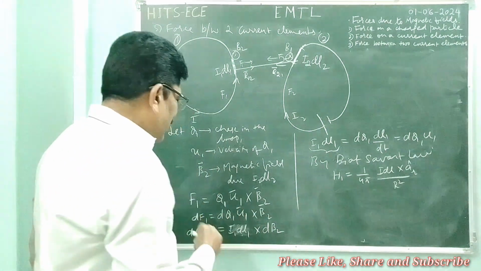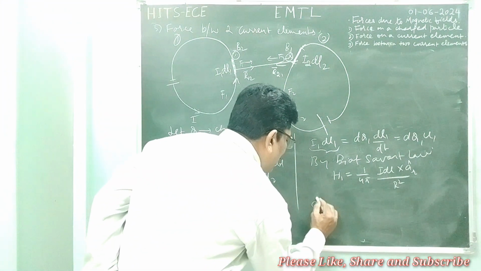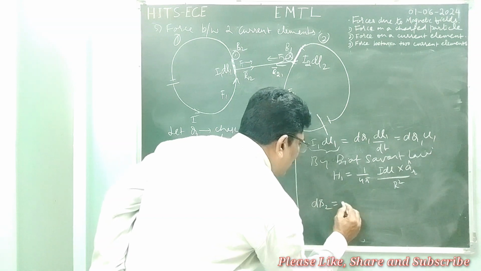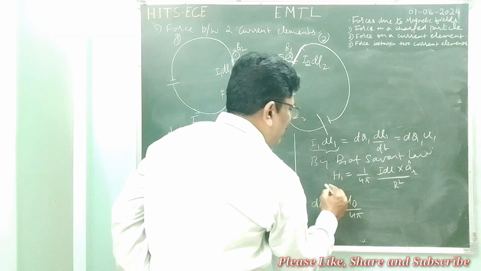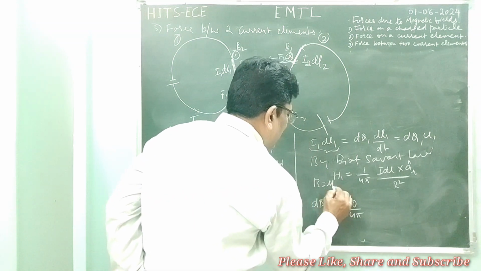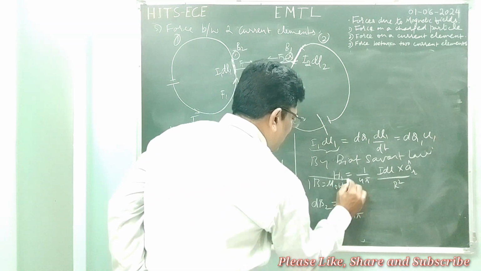But here we need dB2. So dB2 is equal to mu 0 by 4 pi. B is equal to mu 0 H in free space, and I am using this equation here.